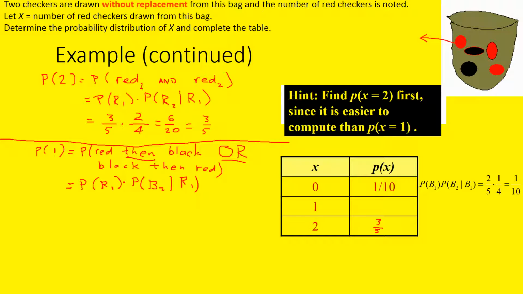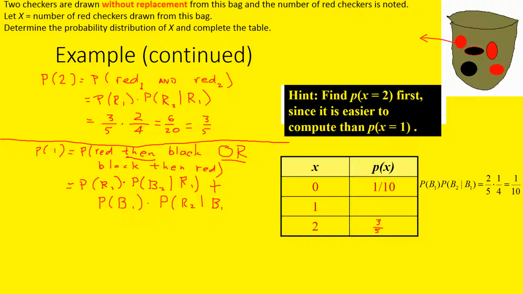And then because of the or, it'll be plus the other way to get one red.